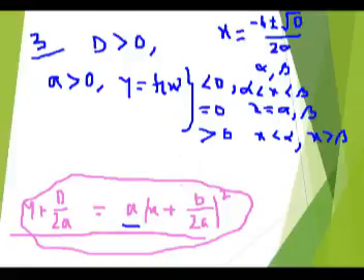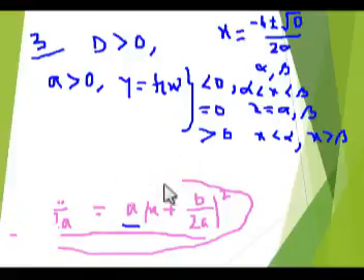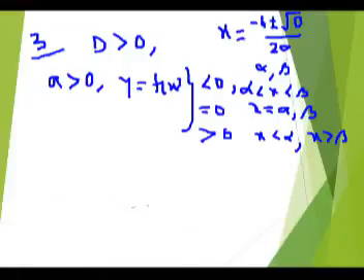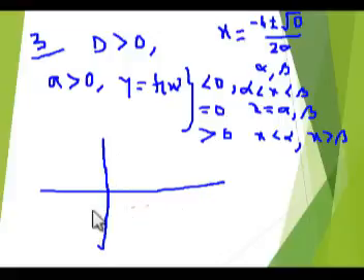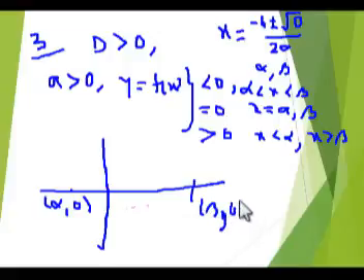What will be the graph of this? In this way we get a graph. Take this as alpha, 0, and this as beta, 0. Then the graph will be downward between alpha and beta if a is greater than 0.